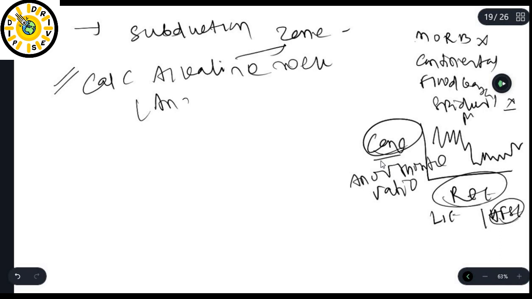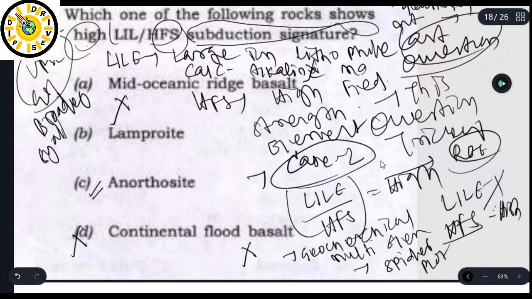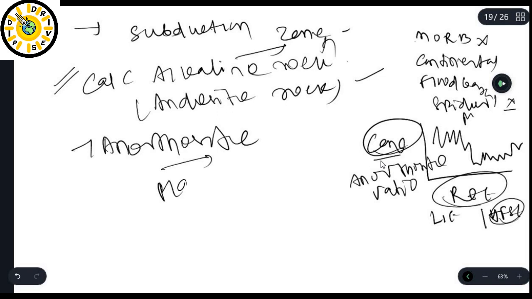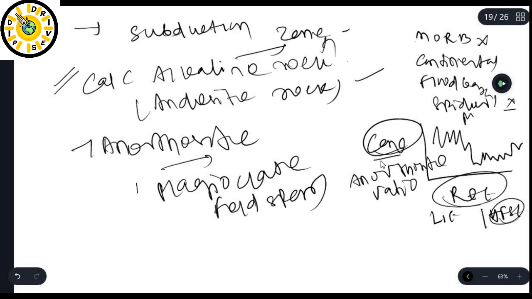That means the andesitic type of rock will be the typical characteristic of the subduction zone, right? I told you. So if you see the anorthosite, it is feldspar, right? Plagioclase feldspar. Just draw your intuition based upon this, okay.